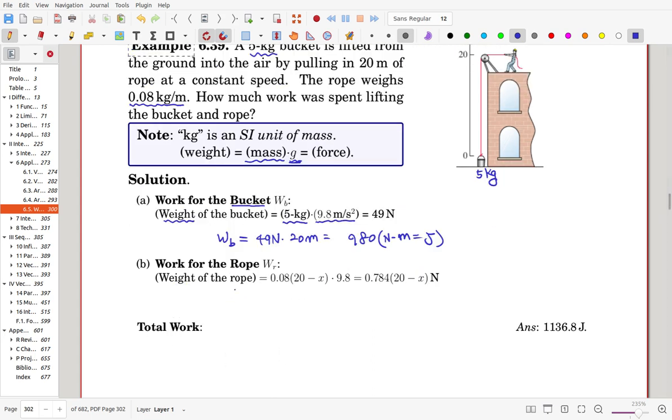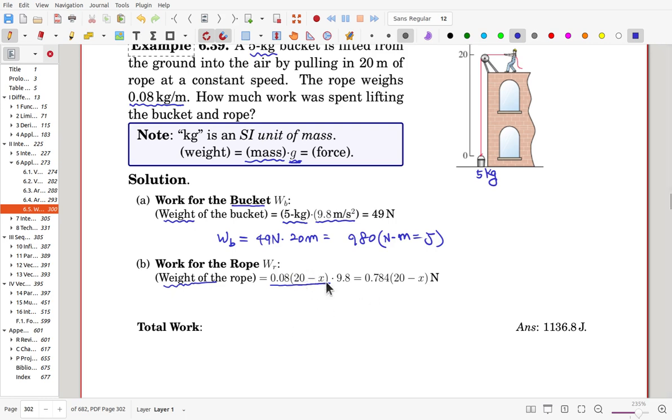And here, now again, for rope, and work for rope, and we have to get weight, that is now force for rope. Here, the rope weighs 0.08 kilogram per meter, so that along with multiplication along the length, here that will be now the kilogram is mass.